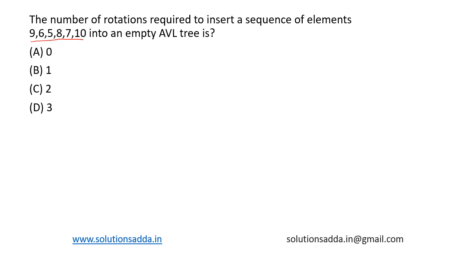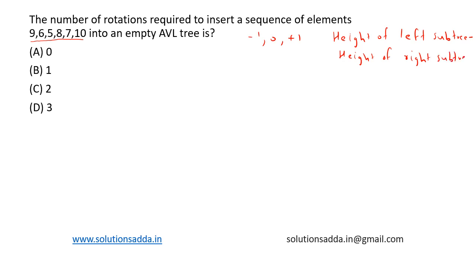The balancing factor in AVL tree should be either -1, 0 or +1 and the balancing factor is calculated as height of left subtree minus height of right subtree.